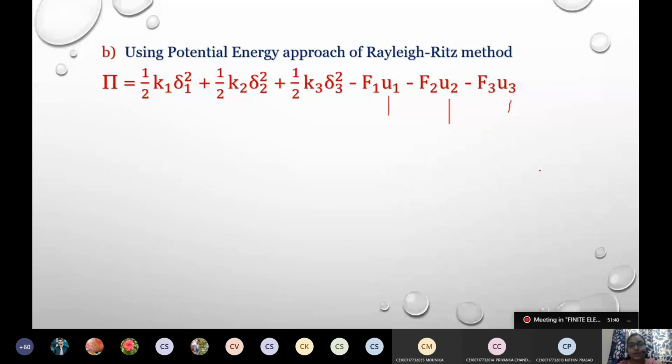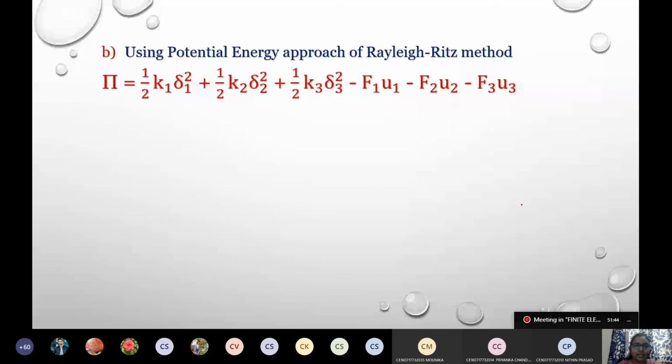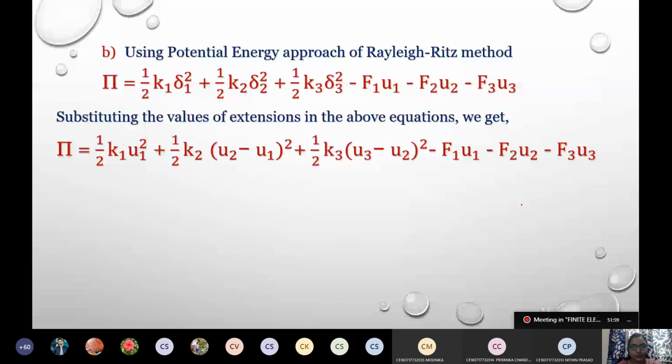All right. So you better substitute the values of delta 1, delta 2 and delta 3 in the same equation, everyone. So the equation will become like this. The whole equation will become in terms of K and U.